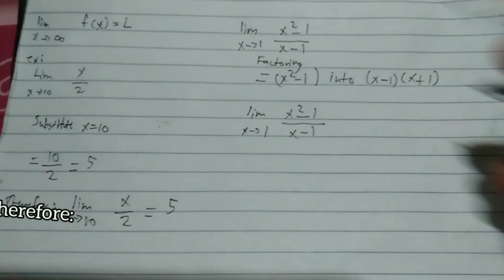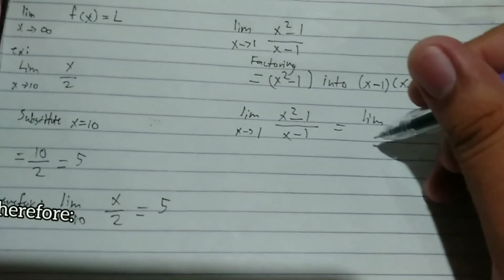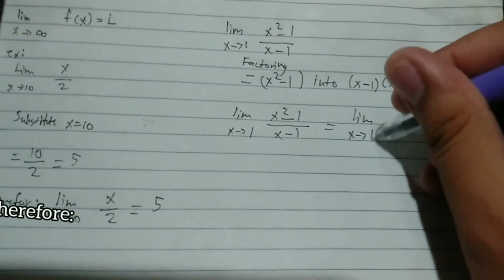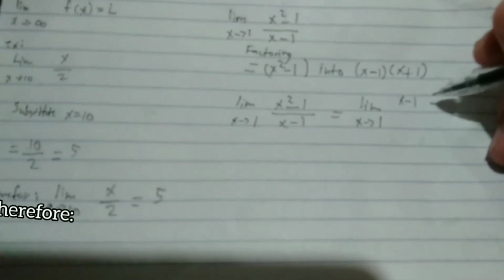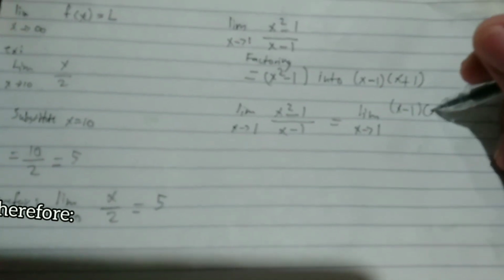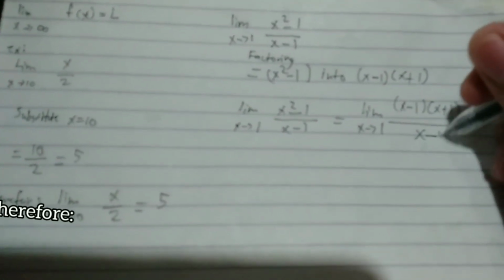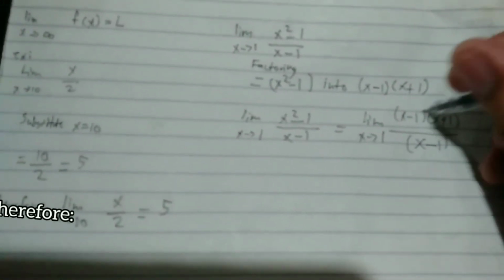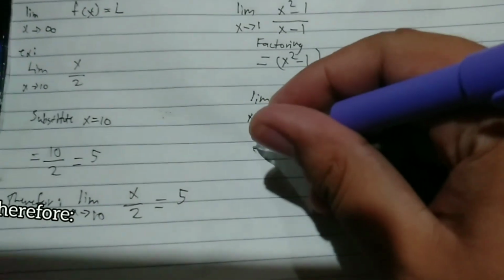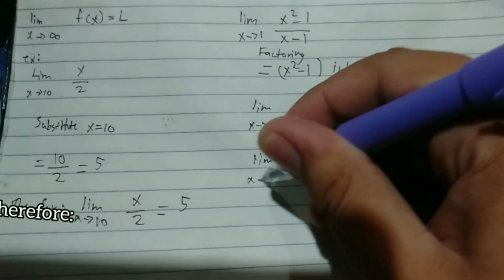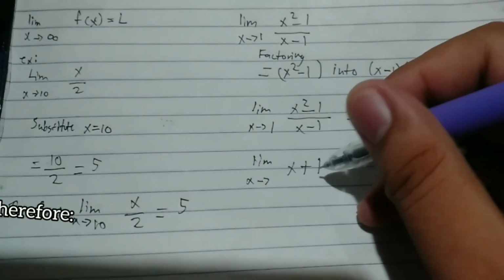Now this is equal to lim as x approaches 1 of (x minus 1)(x plus 1) over x minus 1. So we will cancel out. So the remaining is lim as x approaches 1 of x plus 1.